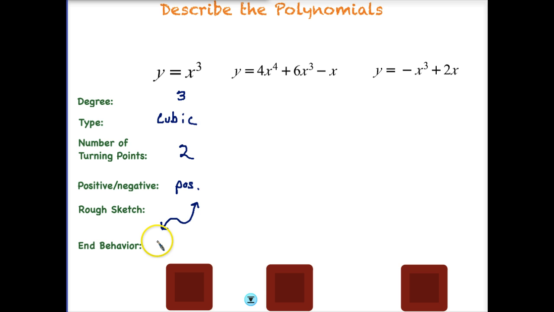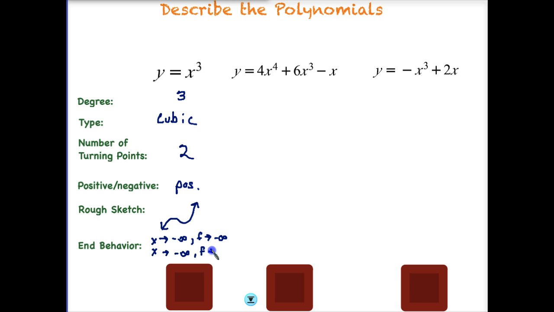Now let's think about our end behavior. We just want to examine x as it goes towards positive and negative infinity. So I'm going to write that out first. And then doing this rough sketch can help us determine the answer to our end behavior. As we head to the right, this end is going up towards positive infinity.